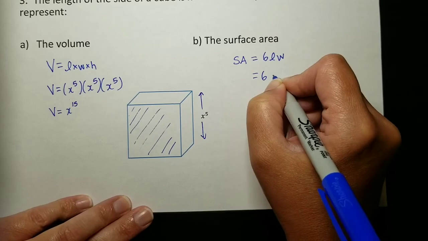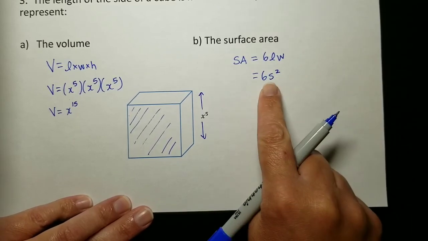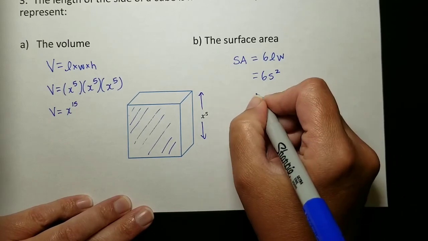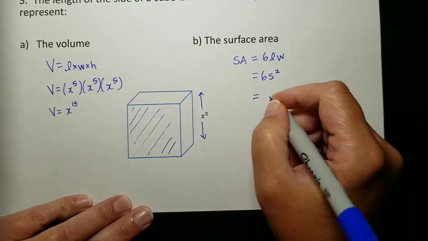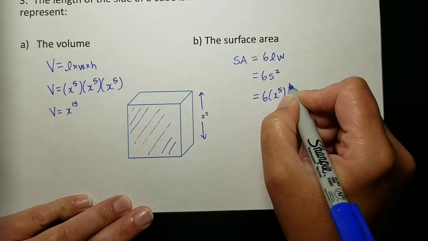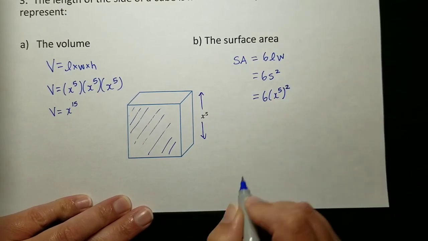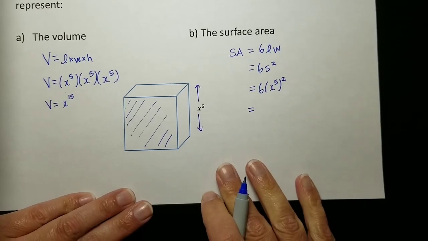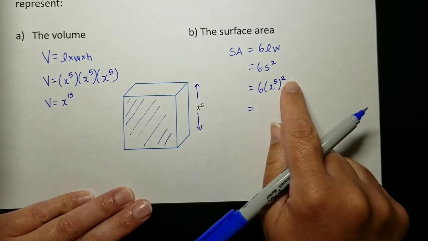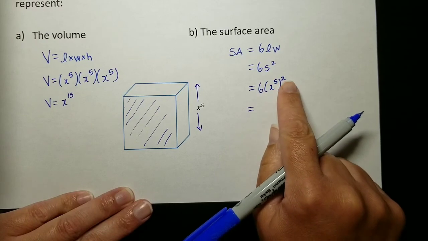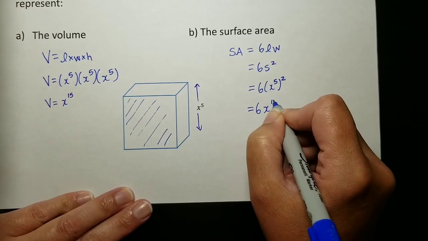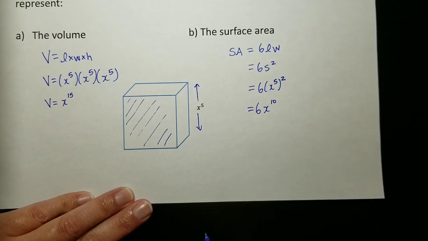And because it's a cube, we're going to say 6 times the side length squared. So here we know our side length is x to the 5 squared, and then using our exponent rules, this one is power of a power. I've got x to the 5 and then squared, so that's going to be 6x to the power of 10.